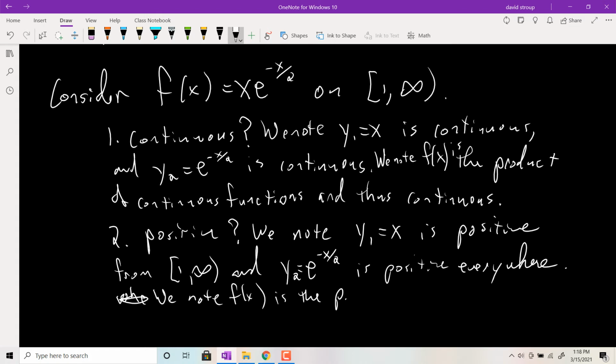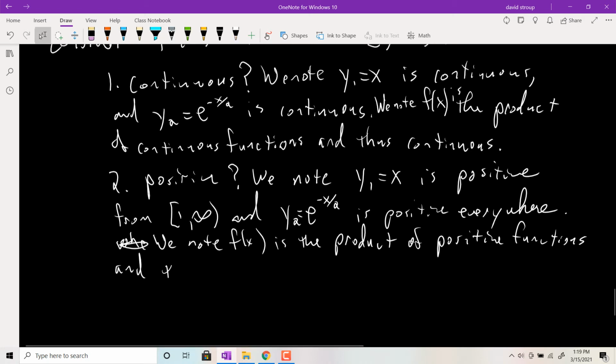Positive times a positive is positive, right? So it's the product of positive functions, and this product will be positive.